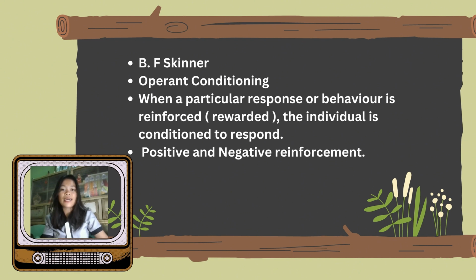This involves applying an unpleasant consequence or removing a pleasant stimulus to reduce the likelihood of a behavior being repeated. For example, if a student is given extra chores for not completing their assignments, the goal is to discourage them from missing assignments in the future.